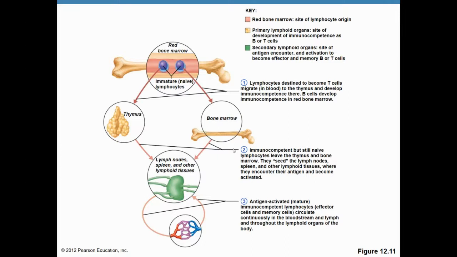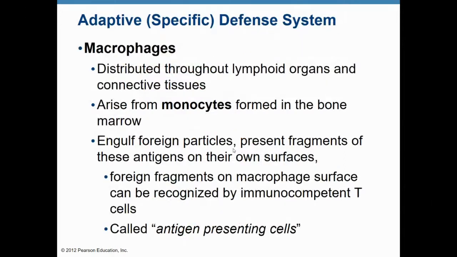So lymph nodes, tonsils, the spleen, Peyer's patches, you name it, all of those other lymphoid tissues, that's where they're going to migrate. And they will not finish their maturation unless they actually encounter their antigen in your body. They never get the real job. They move back into the parent's basement. All right, so that's our lymphocytes.